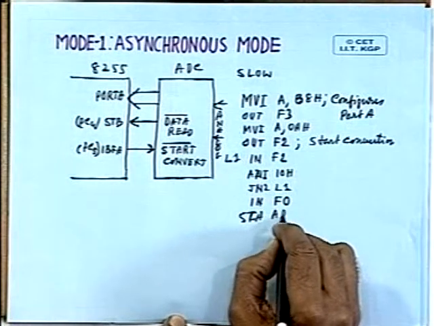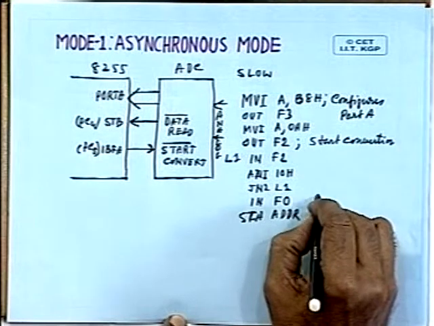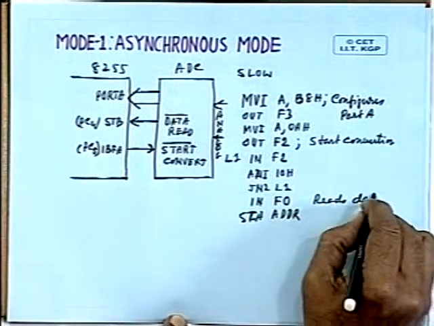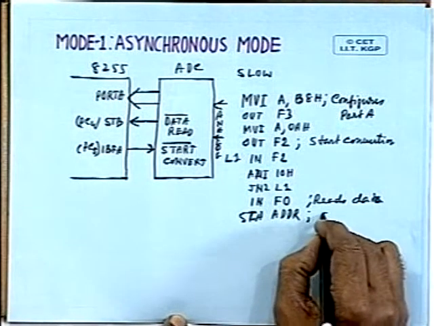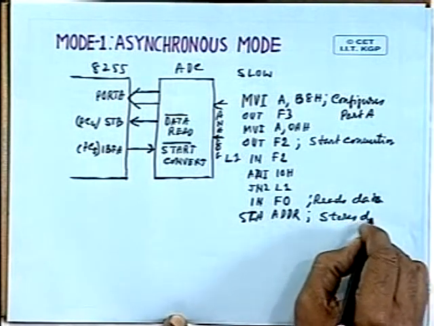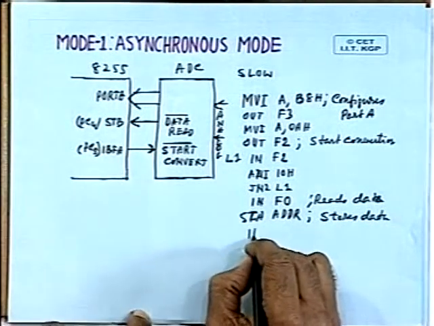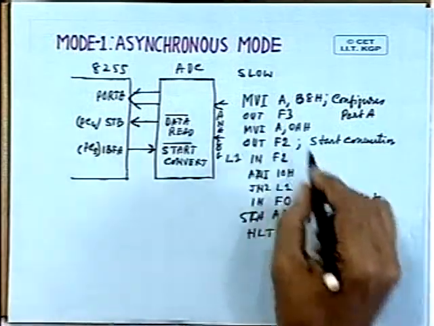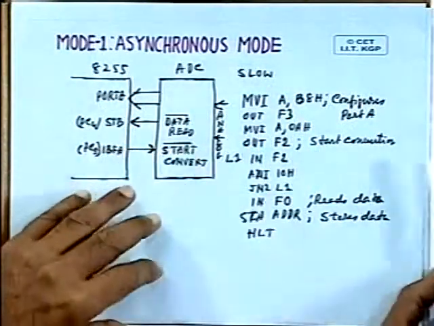So here it reads data, and after reading data it stores data in some memory location, and obviously it has to be ended with a halt instruction. So, we have explained the use of 8255 as an input port working in asynchronous mode. Let us see how we can use it in interrupt driven mode.